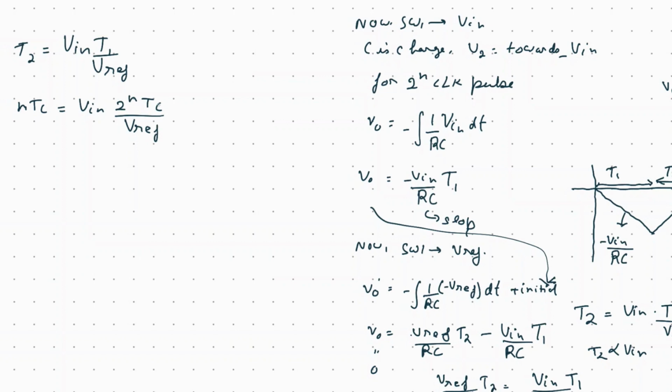Tc and Tc cancel out, so N is 2 to the power n times V in by V reference. So this is the output, the corresponding digital code that we will get.